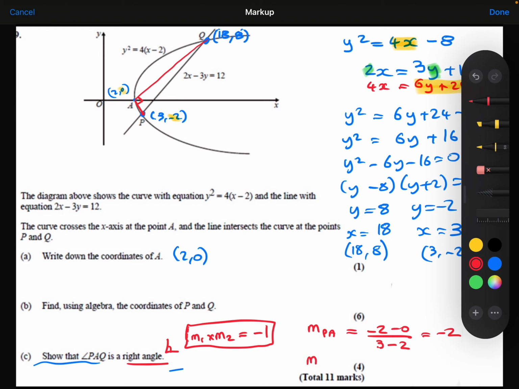Let's now do the same thing with the gradient of AQ. So just looking at the A and the Q coordinates now. Again, change in the y coordinates, so 0 minus 8 divided by the change in the x coordinates, 2 minus 18, is equal to minus 8 over minus 16, which is positive 1/2.